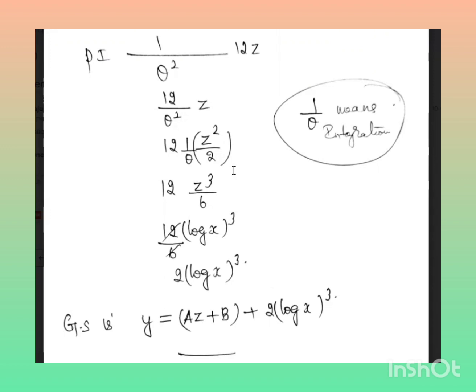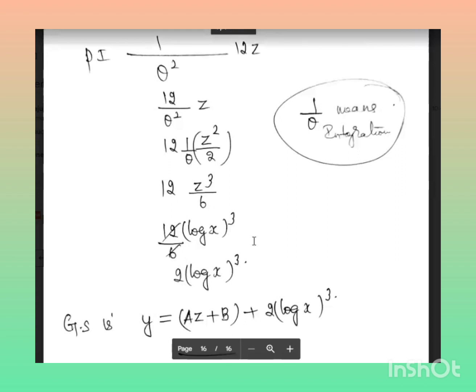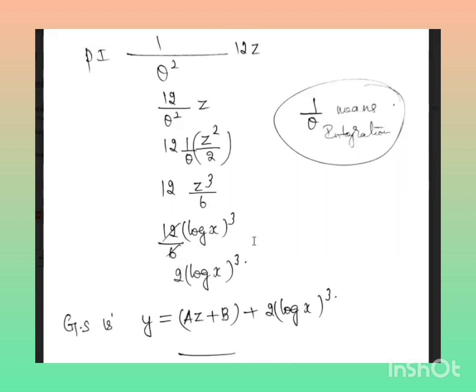Integrating z square by 2 another time gives z cube divided by 2 into 3. So 12 into z cube divided by 6. So 12 divided by 6 will be 2 z cube. So 2 into z cube. For z, we already studied z is equal to log x. So 2 into log x whole cube.